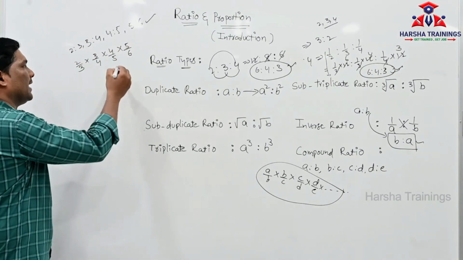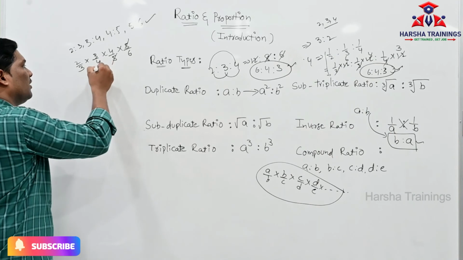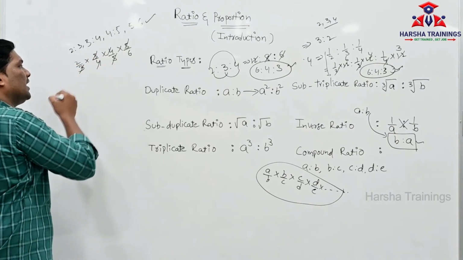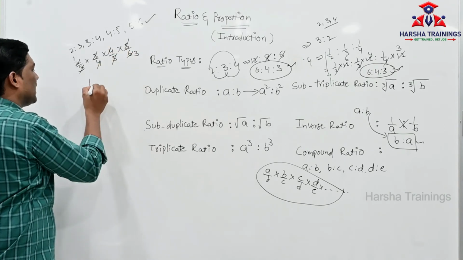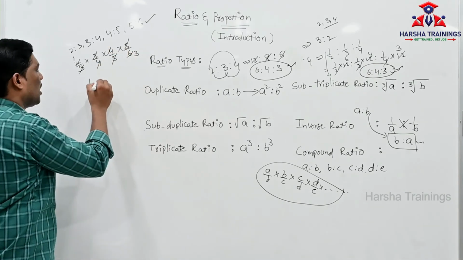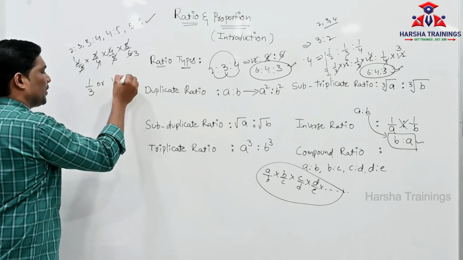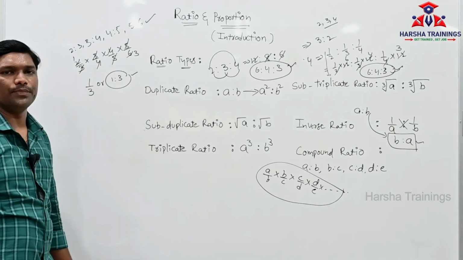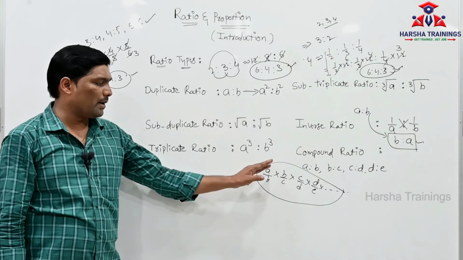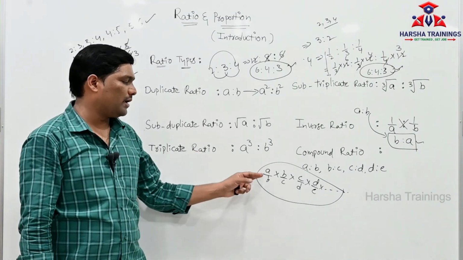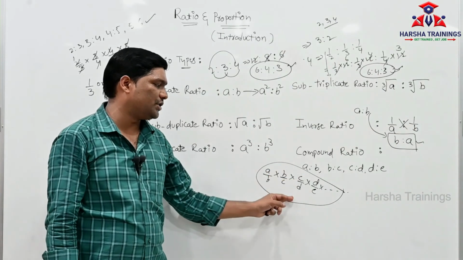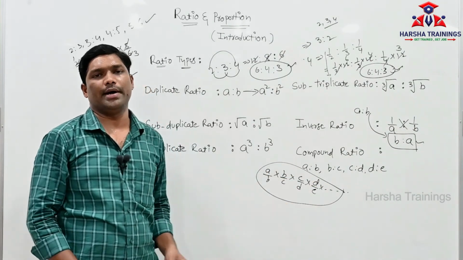Let me calculate. 5 and 5 cancel, 4 and 4 cancel, and 3 and 3 cancel. Then 2 ones are 2 and 2 threes are 6. The final answer is 1 by 3 or 1 is to 3. That is the compound ratio. Just remember this formula, guys. To find the compound ratio: A by B into B by C into C by D into D by E and so on.